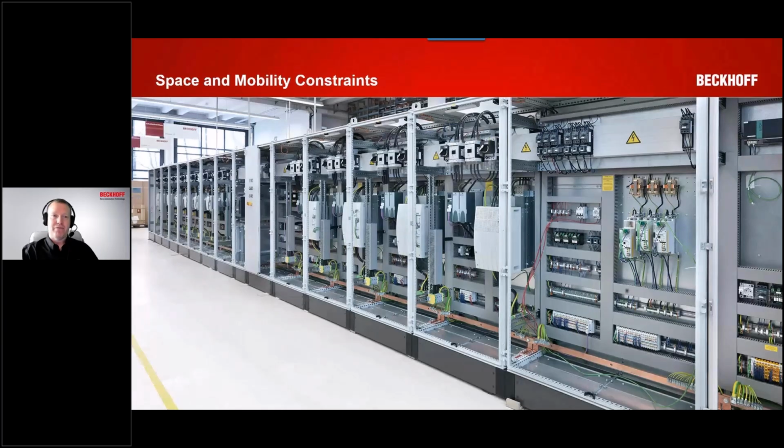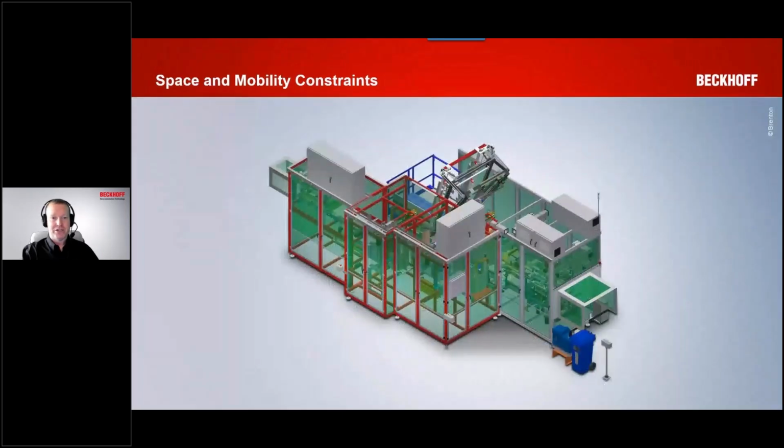But maybe you come from a bit smaller of a machine standpoint, and maybe you're working with a plant floor layout that you've got to fit your machine into, and this kind of idea is the same, more along those lines, right? It's a smaller cell, but there's still a lot to look at here. You're usually given a small footprint to fit your particular machine cell into, and you've got to find ways to make that happen.